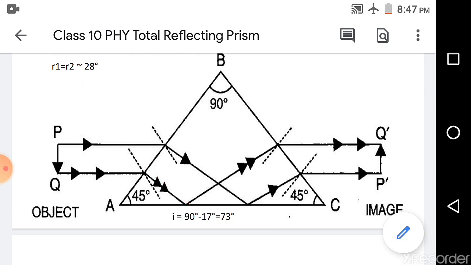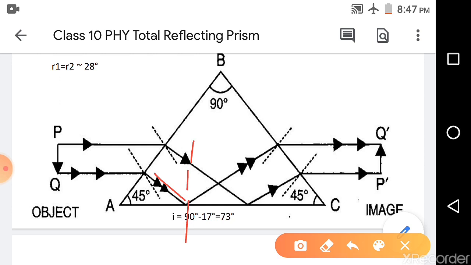What is the angle of incidence here? If I draw the normal, this would be the angle. How can we find this angle of incidence? This is considered as I, so I is equal to 90 minus 17, which is equal to 73.